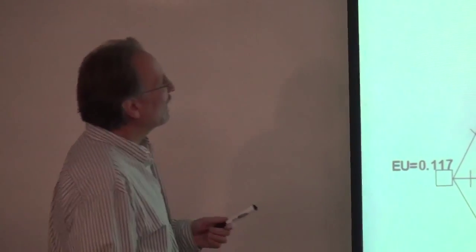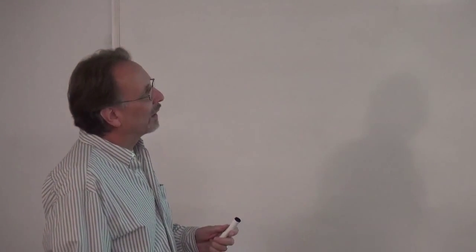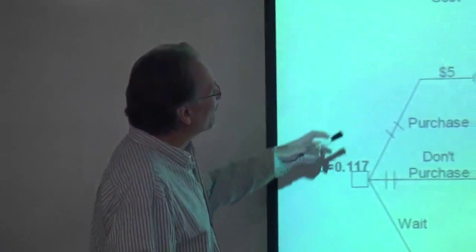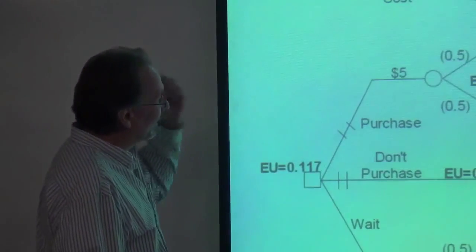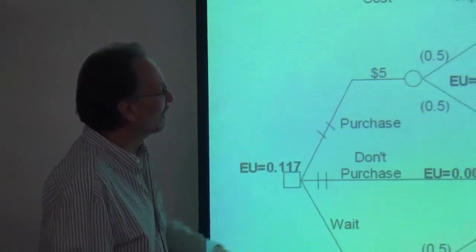So here we have cost associated with either waiting or not waiting or not purchasing an export license, or an import license, sorry. Same difference. So here we purchase it, costs us $5. We don't purchase it, costs us $0.